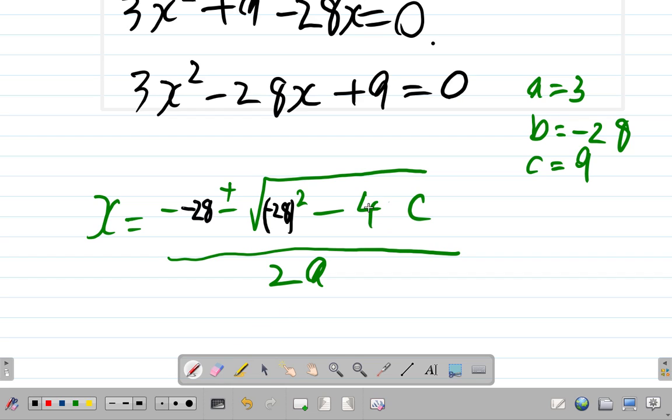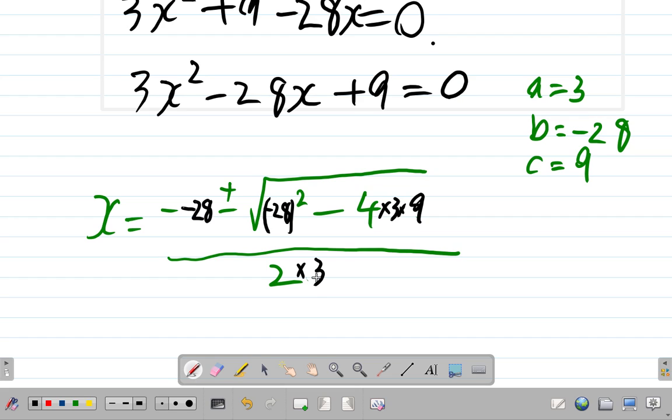A is 3, so it's 4 times 3 times c. C is what? C is 9. Divided by 2a, which means 2 times a. What is a? A is 3. So we can get this out and put 3 there. Alright?